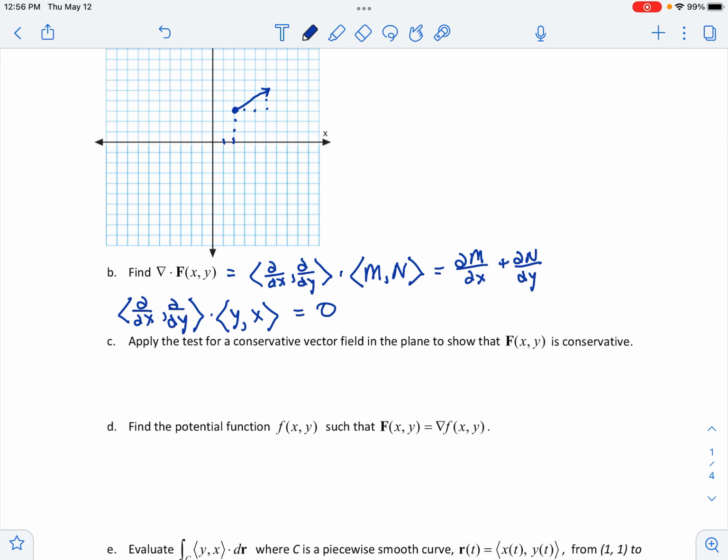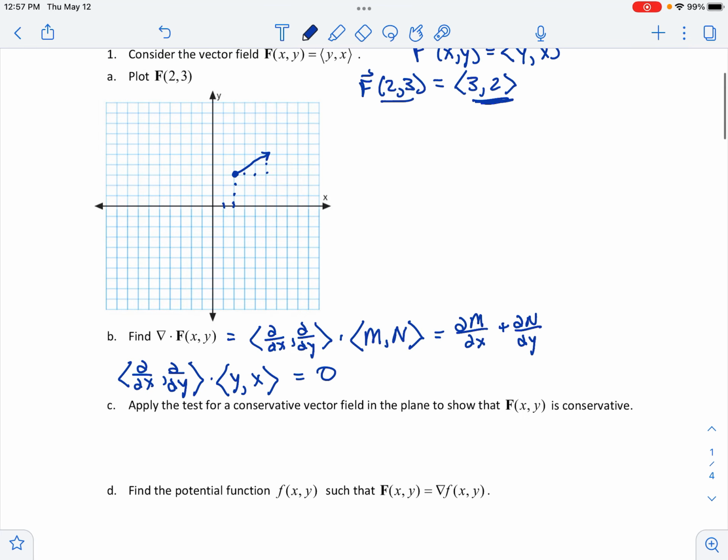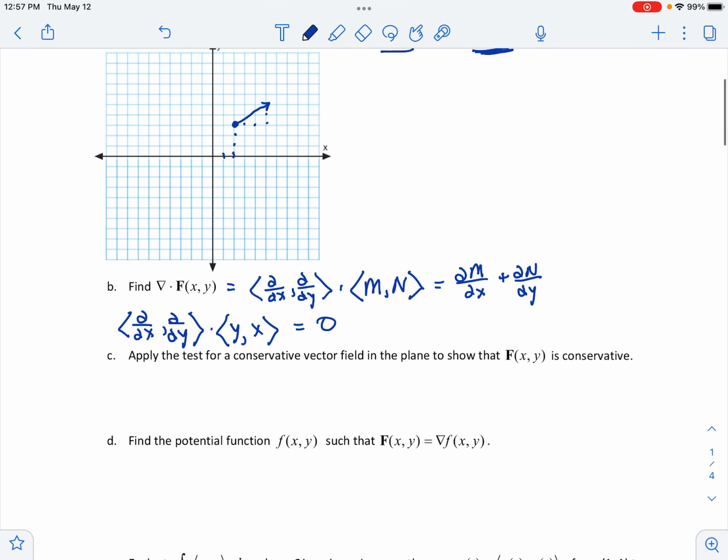Now, next we want to apply the test for convergence. So, see, we've got these various things. We're just learning to work with vector fields. By the way, for this divergence, if we had a three-dimensional vector, it would go like this.